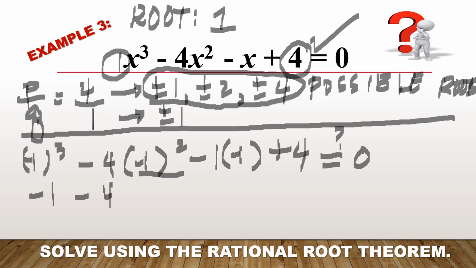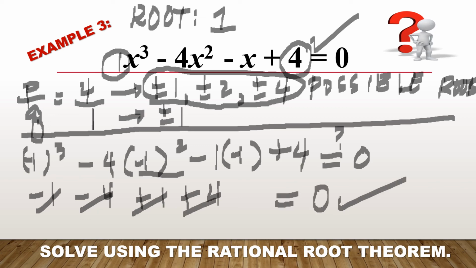Negative 1 times negative 1, that's positive 1, and then copy 4. So again, we can see that the result here is 0. Negative 1 plus 1 will give us 0. Negative 4 plus 4 will also give us 0. So therefore, negative 1 is also a root. So we're done with positive and negative 1.